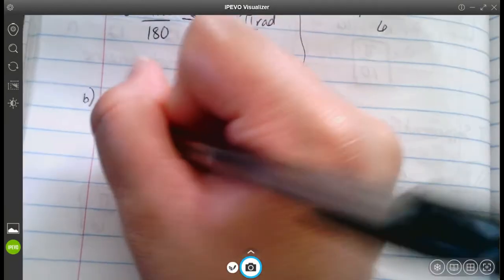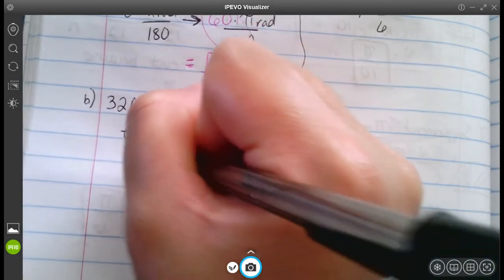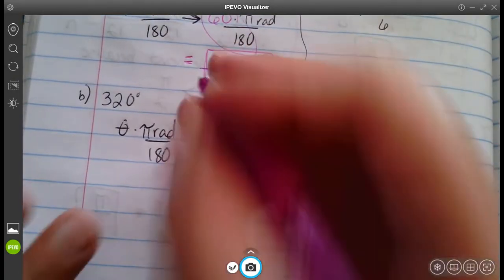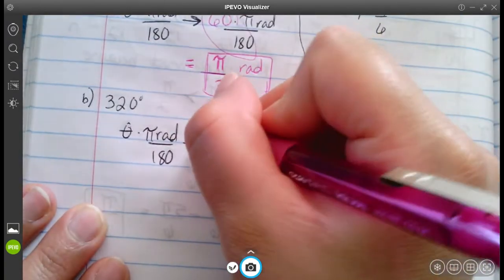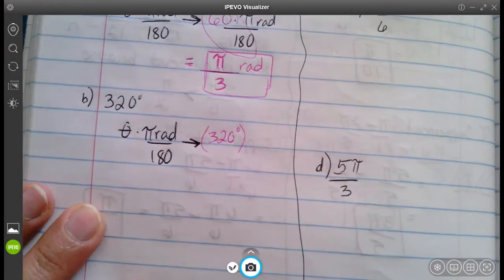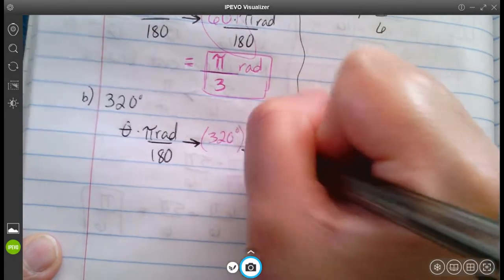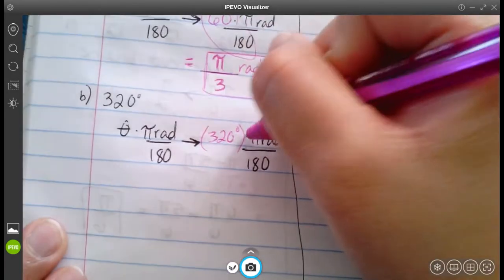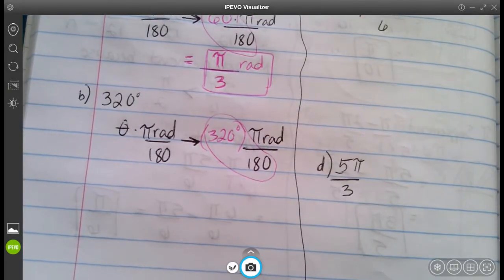Using the same conversion, we take our 320, the degree measure. You can put it in parentheses or not. Times pi radians over 180. We simplify the numerical part that's not pi: 320 divided by 180, just simplifying a fraction.